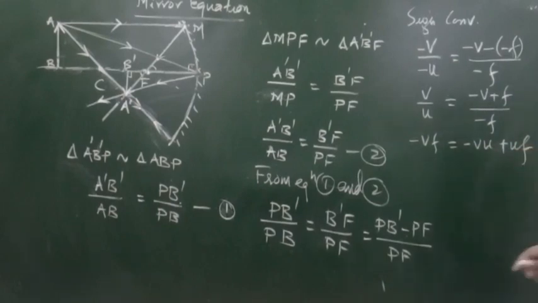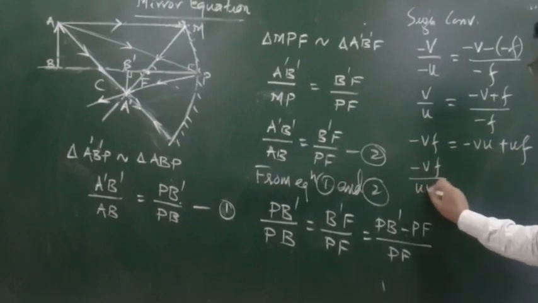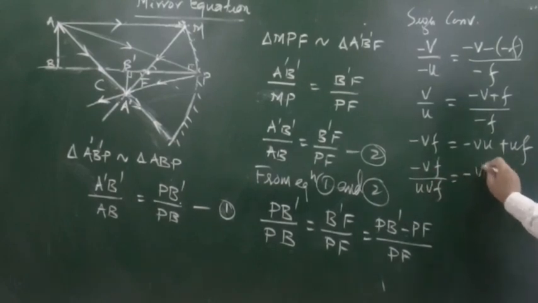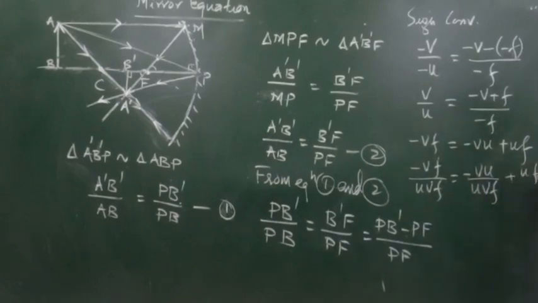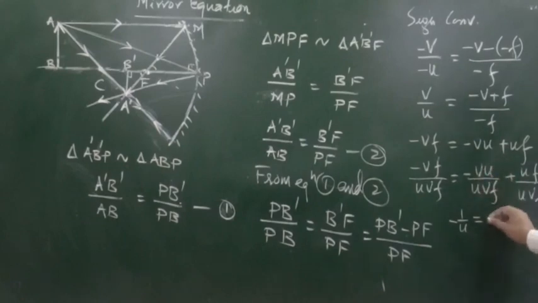Now divide the whole equation by UVF. When you divide the whole equation by UVF, V and F will cancel out, minus 1 by U. V and U will cancel, minus 1 by F. And U and F will cancel out, so 1 by V.